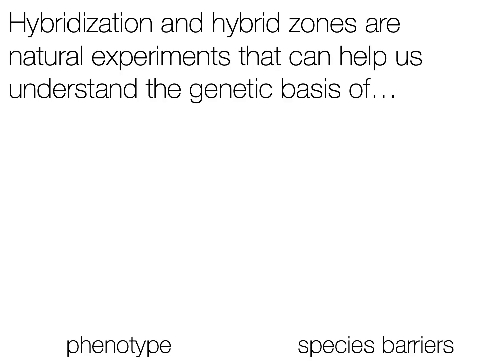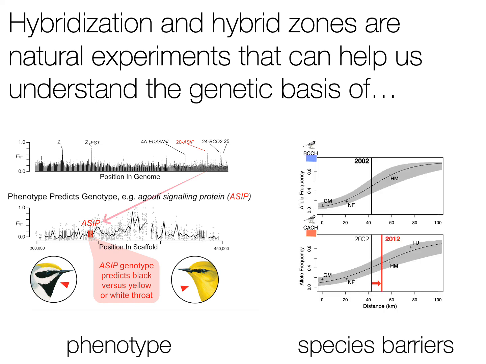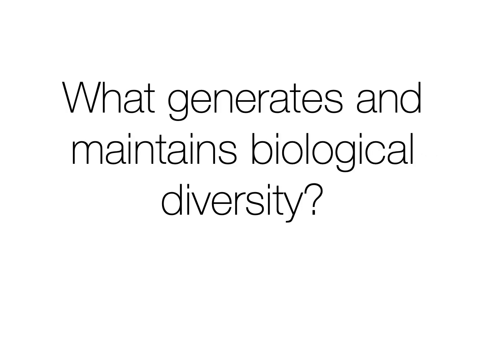So I hope this talk has convinced you that hybridization and hybrid zones are natural experiments that can help us understand both the genetic basis of phenotype, which was the focus of this talk in the case of the wagtails and the warblers, but also species barriers in the case of Sporophila, and then the chickadees, which I'm not talking about in depth. And so I think my lab's work is getting at this question: what generates and maintains biological diversity?